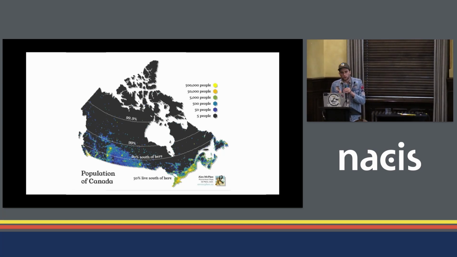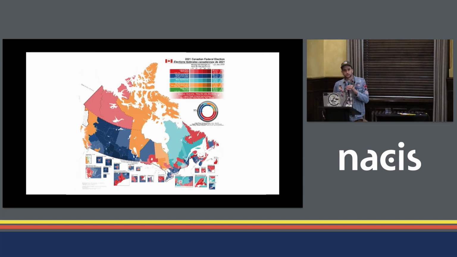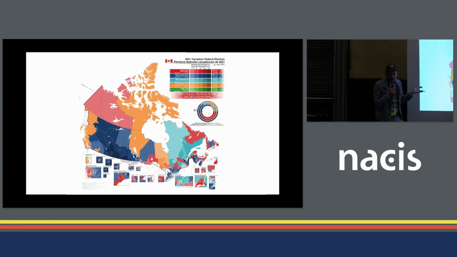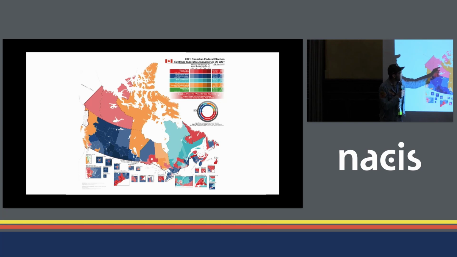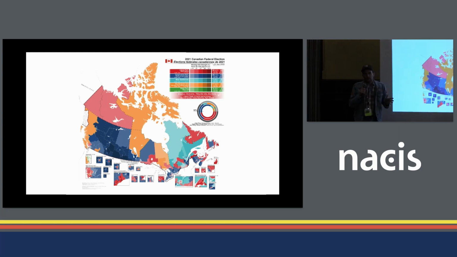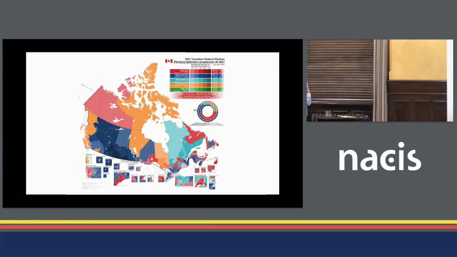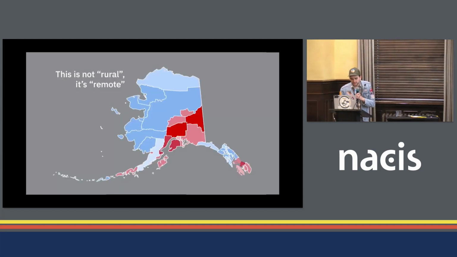So lo and behold, most Canadian elections are decided in southern Ontario and southern Quebec. You can get a sense here, since you're also probably used to looking critically at election maps, that these giant red, orange, and teal districts don't actually mean that national politics are a close tie between red, orange, and teal. Those parties just happen to have advantages in far northern regions.